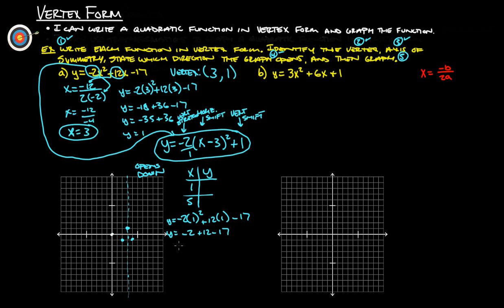Negative 7. Right? So we get y equals negative 7. So we go 1 and negative 7. We also go 5 and negative 7. You can always double check to make sure that it works with that, but it should always be the same.